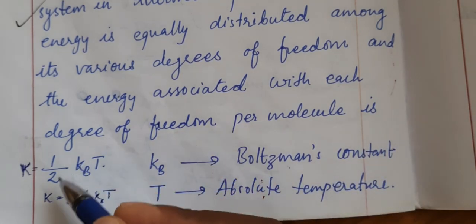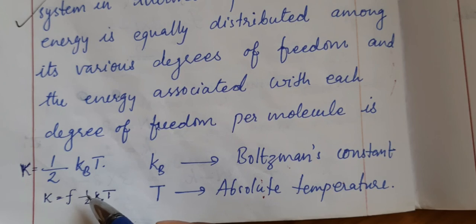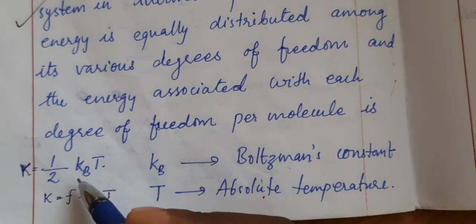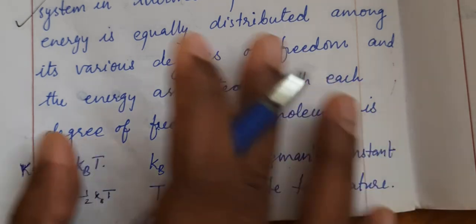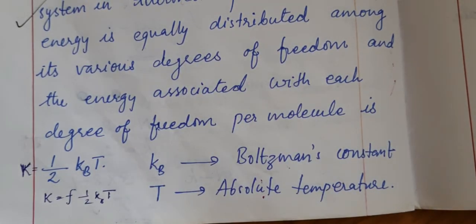So this is per degree of freedom per molecule. Otherwise, if we are considering all the degrees of freedom, we have to write it as K is equal to F times 1 by 2 kBT. So using this, let us analyze the different cases for monoatomic gas, diatomic gas, etc.